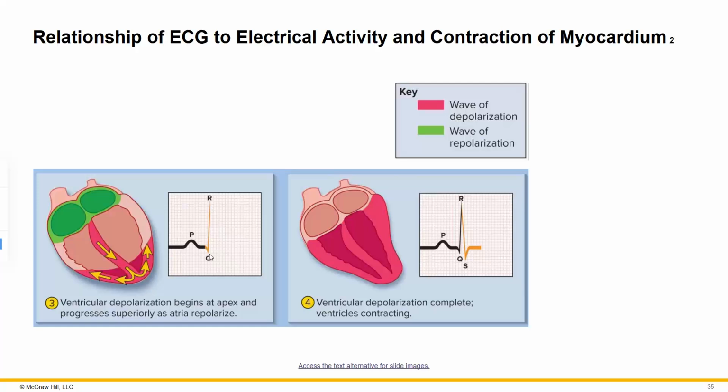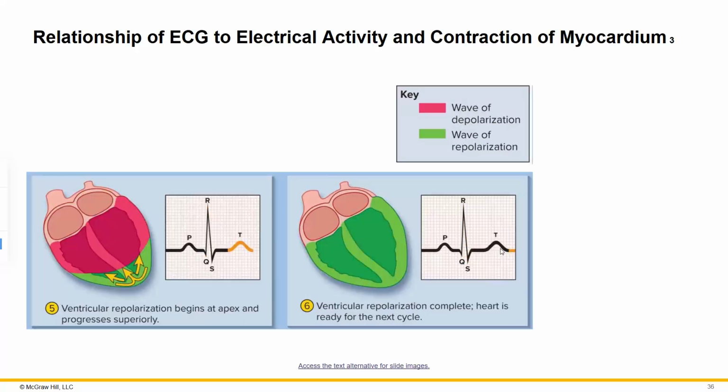The signal starts spreading through the ventricles, and then you're going to form that QR complex, and the ventricles are going to start to contract. So that is the RS complex here. Then ventricular repolarization begins, so that's going to make the T wave, and the ventricles are eventually going to relax, and ventricular repolarization is going to be complete, and that produces this.